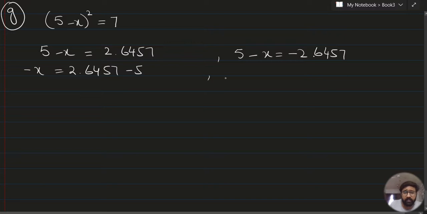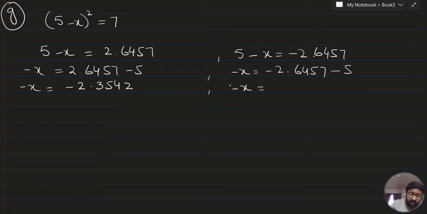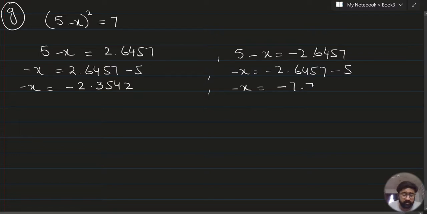Collecting the like terms on one side, we are going to have 2.6457 minus 5, and minus x is equal to minus 2.6457 minus 5. So minus x is equal to minus 2.3542, and from this side minus 2.6457 minus 5, it is going to be minus 7.6457.